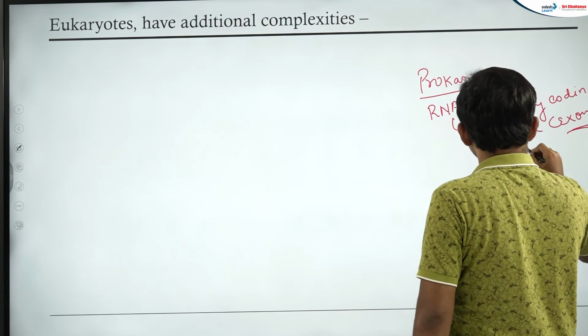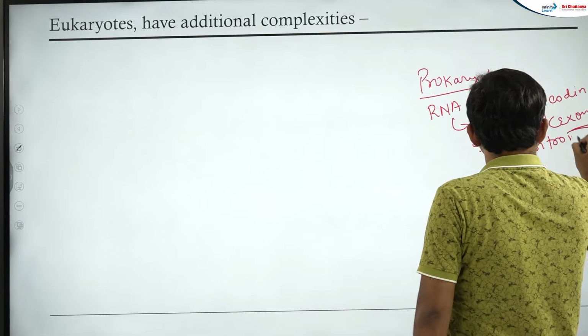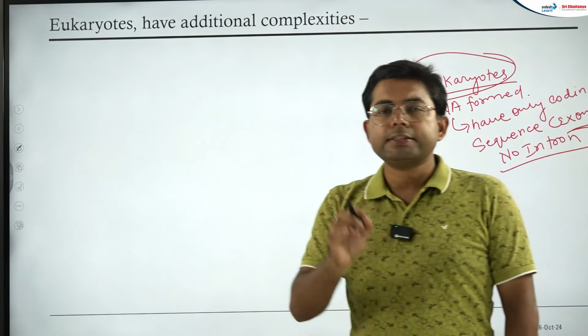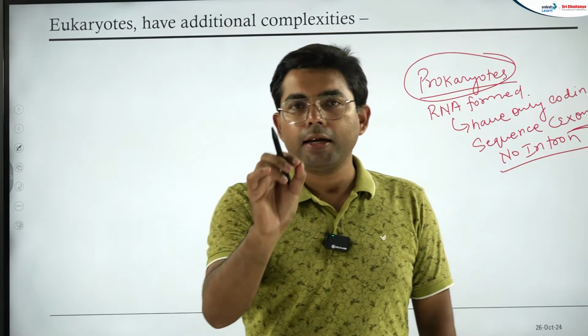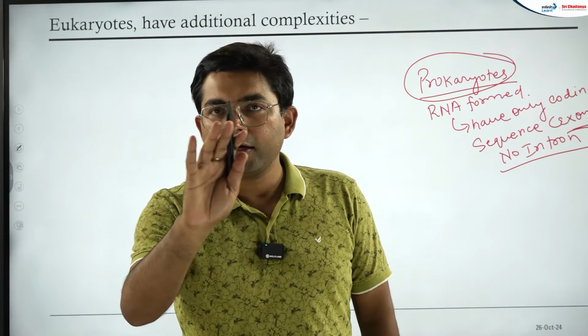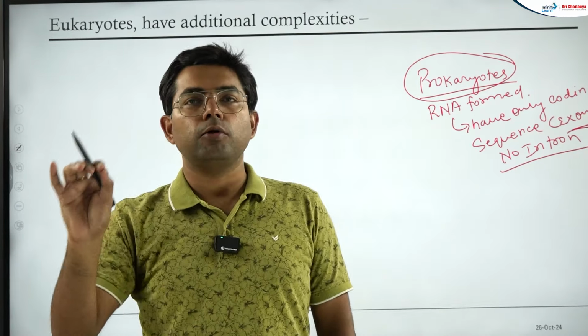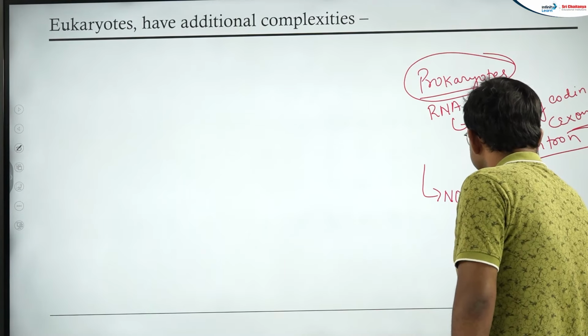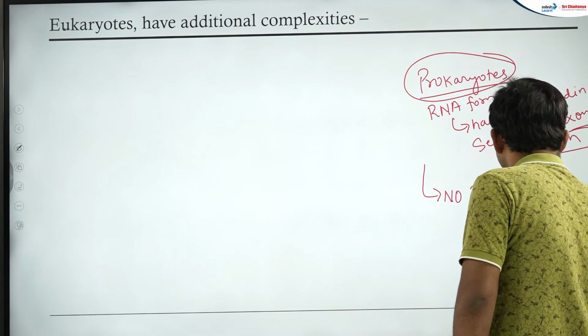There is no intron. So that is why in prokaryotes the RNA synthesized is called mRNA, and it doesn't require any post-transcriptional modification. In prokaryotes, no post-transcriptional modification is required.